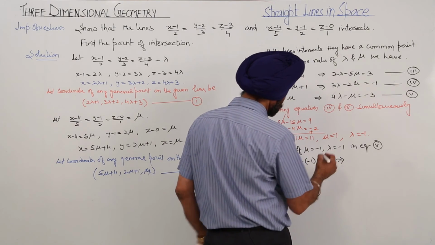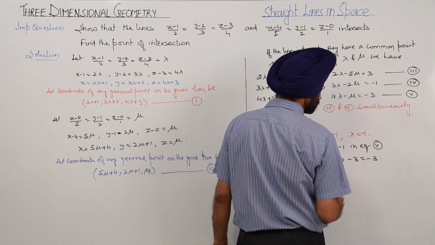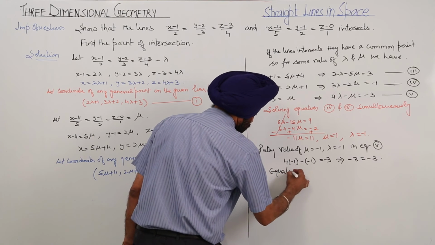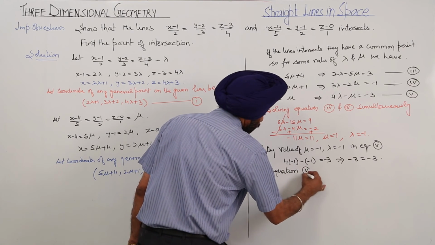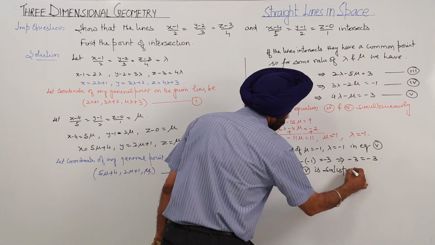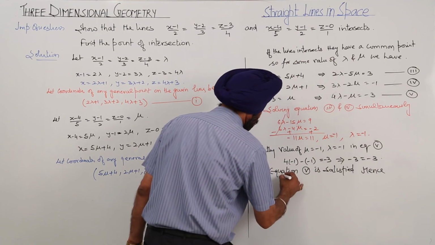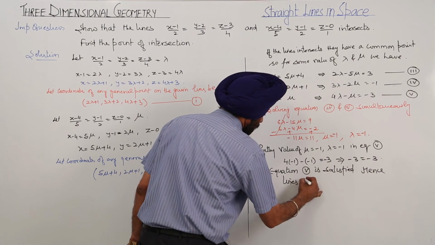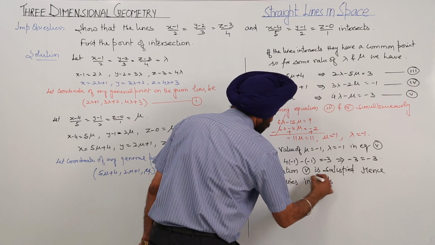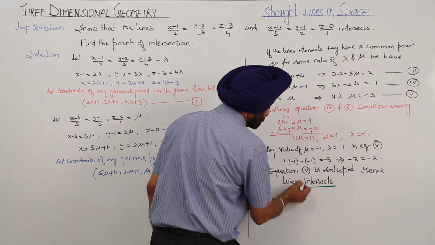Sorry, it is minus 3. So we have minus 3 = minus 3. Now equation 5 is satisfied, hence the lines intersect.